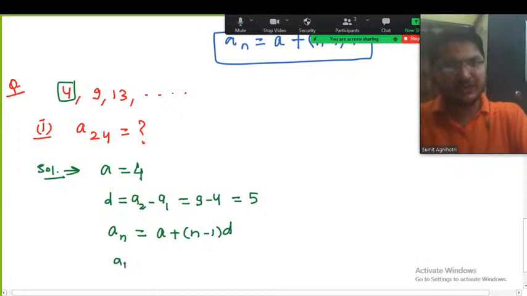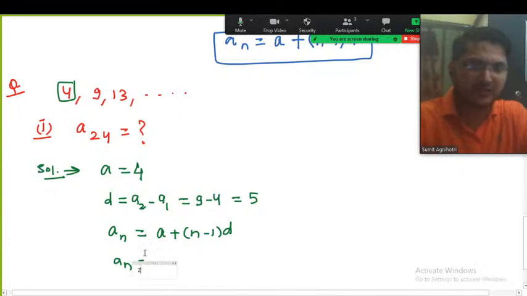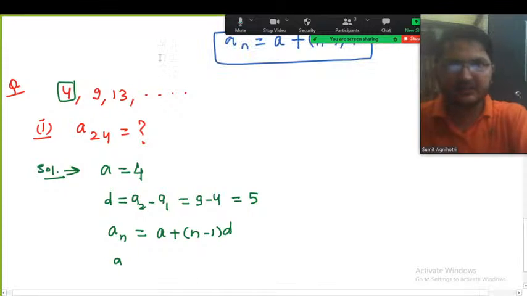If you want 24, what will you write in place of n? You will write 24 in the place of n.